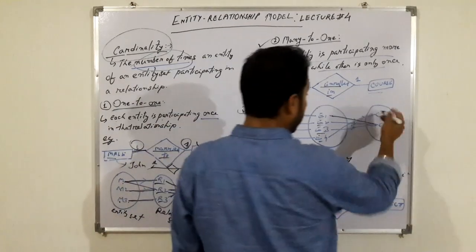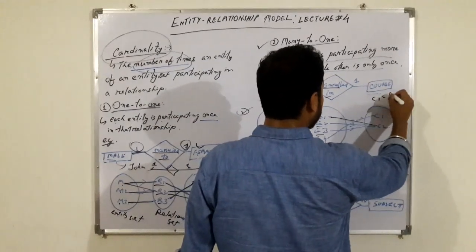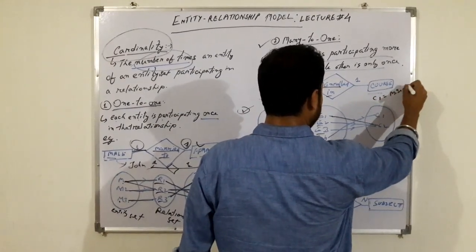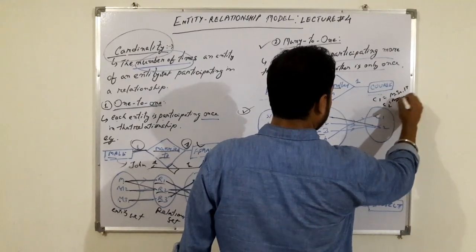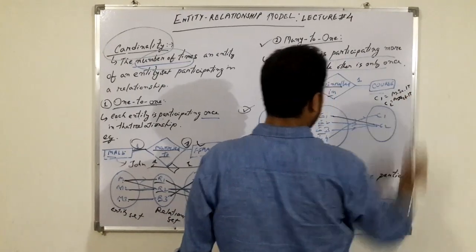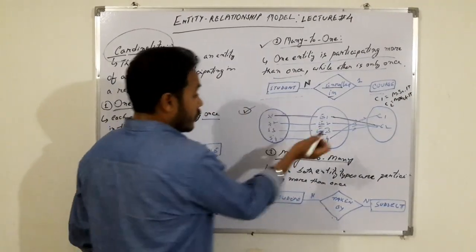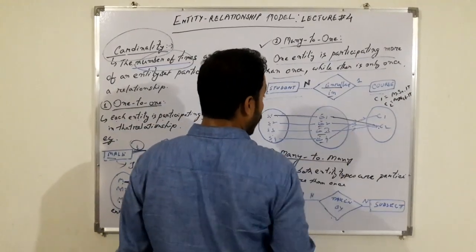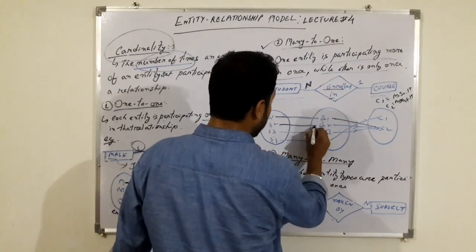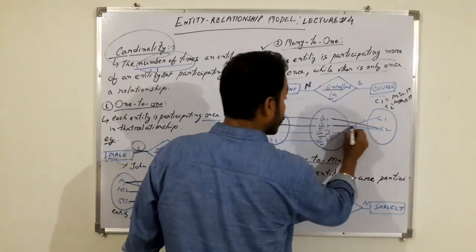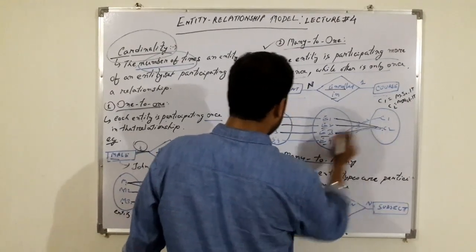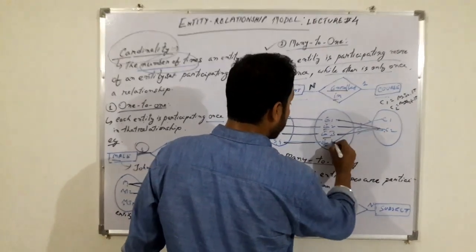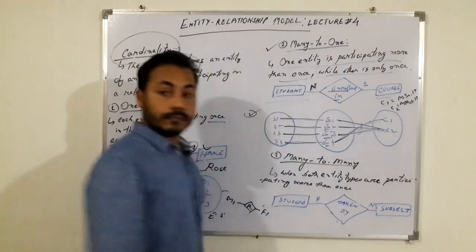If you are confused about the courses, you can take C1 as MSc IT and C2 as MTech IT. S2 is enrolled in C2, S3 is enrolled in C2, and S4 is enrolled in C1.